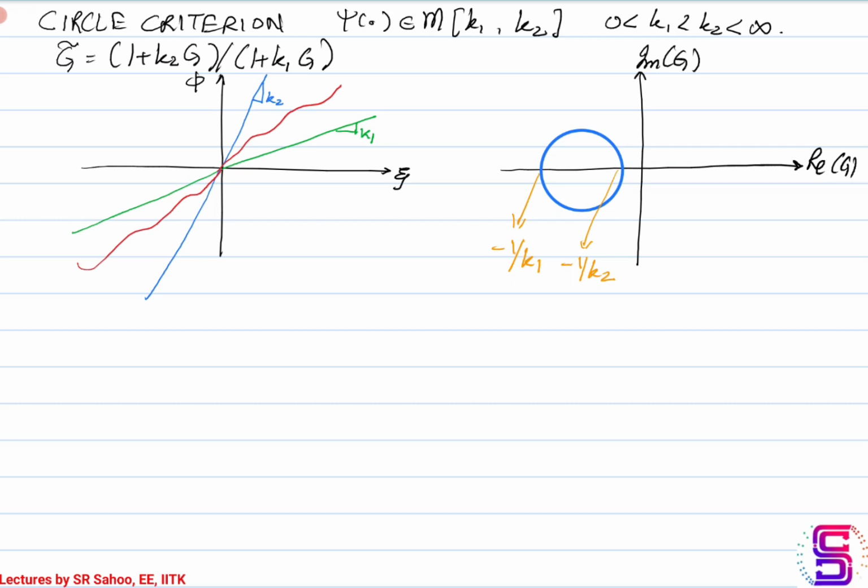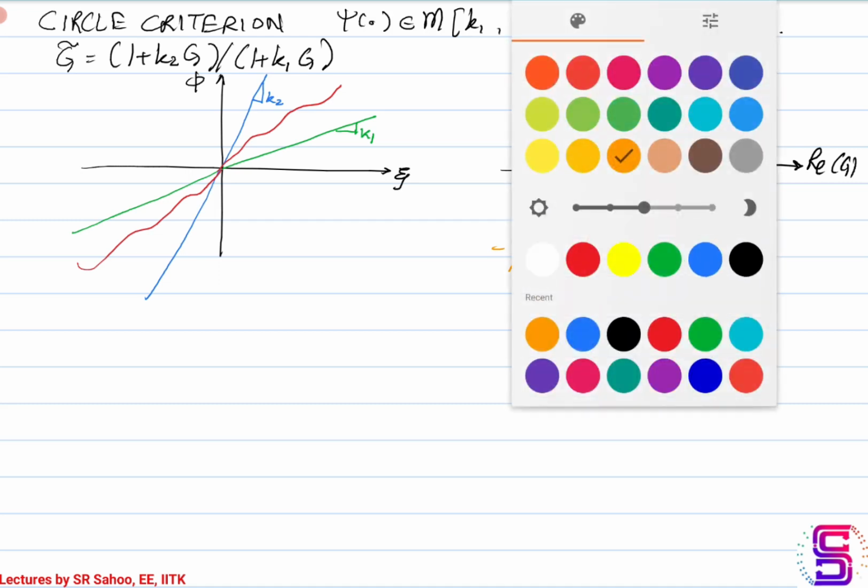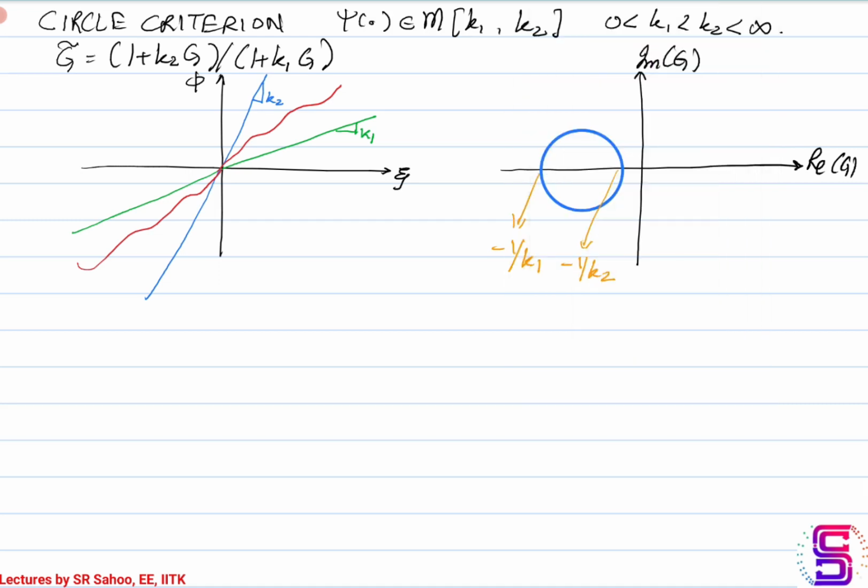Now let's say that the value of k1 decreases, which essentially means what? That this green straight line that you see is going to come down. If the value of k1 decreases, the slope of the green line decreases, so it will come down.